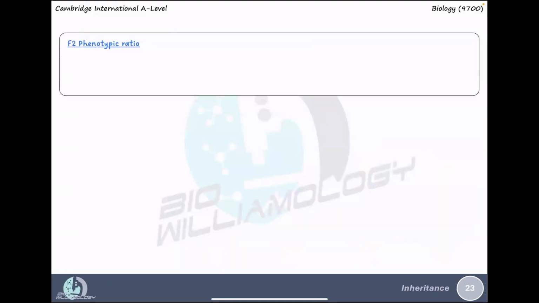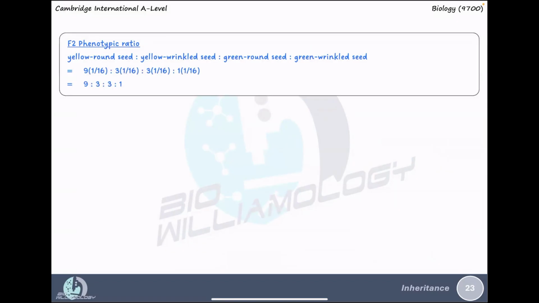So the F2 phenotypic ratio will show yellow round seed to yellow wrinkled seed to green round seed to green wrinkled seed in a ratio of 9 to 3 to 3 to 1.